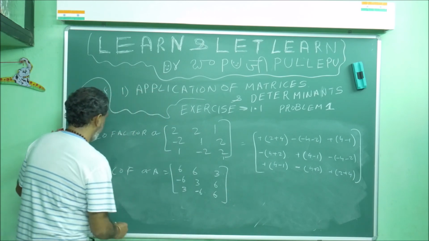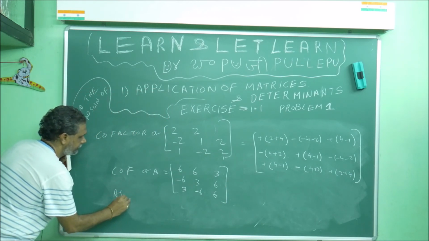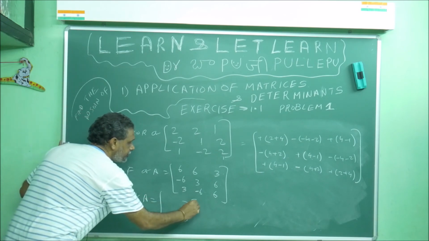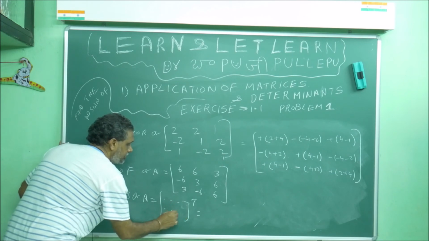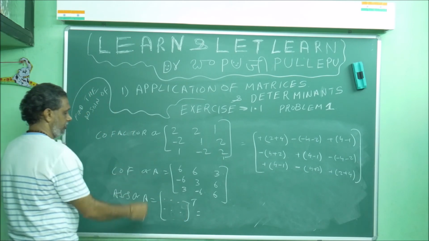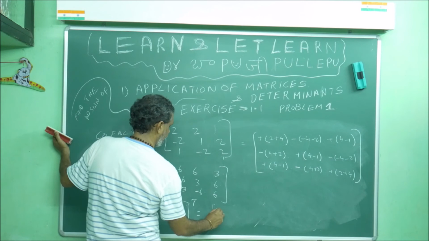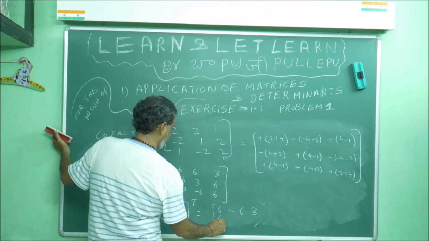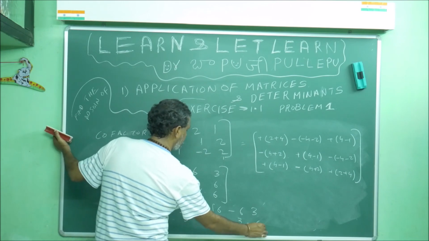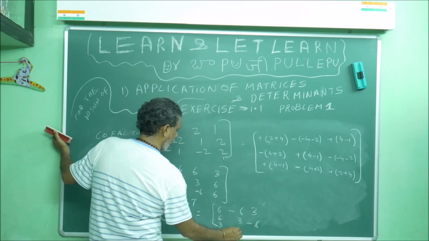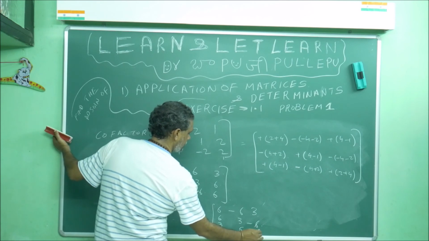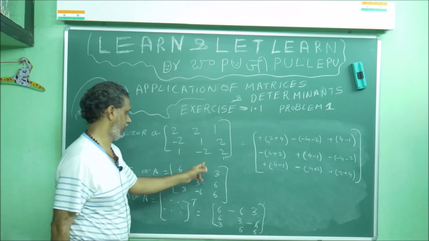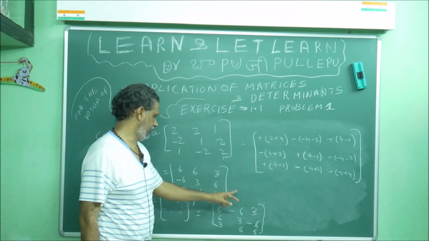Now adjoint of A is what? This fellow transpose. You can fill this, I am leaving it. So this fellow transpose means what you will get? 6 minus 6, 3. 6, 3 minus 6. 3, 6, 6. Getting or not? First I am writing as the first column, second I am writing as the second column.